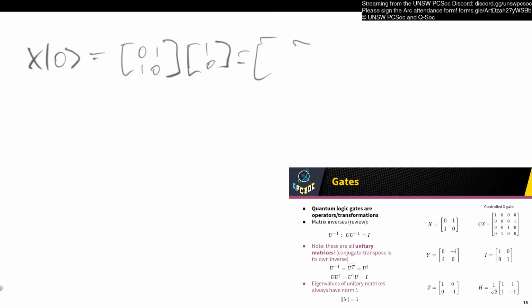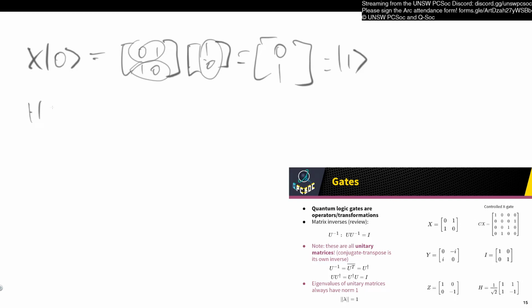Let's do matrix multiplication. It's 0 times 1 plus 1 times 0, that's 0. Now we do this, and it's 1. So this does flip 0 and 1, so I'm not lying, right?